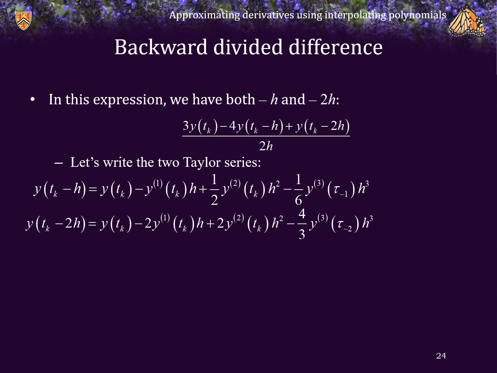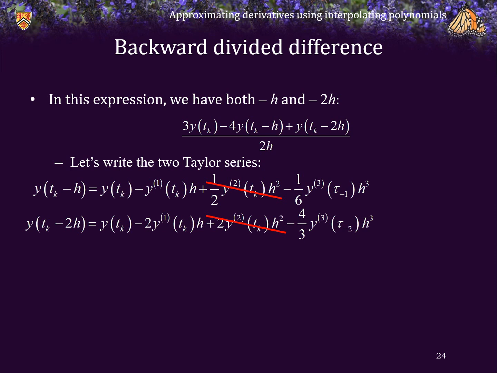For the derivative, negative 4 times the first plus the second gives us twice the derivative times h. Negative 4 times the second derivative in the first equation plus the second one, well, those two actually cancel out. And then we add the two error terms.